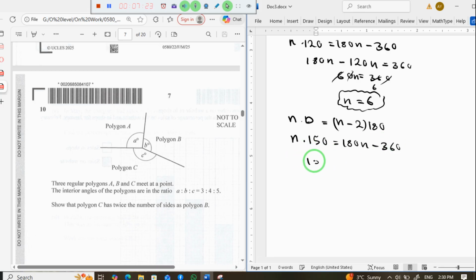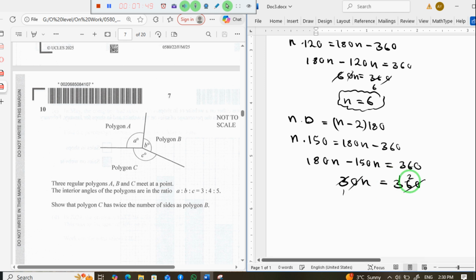Then 180n minus 150n equals 360, so 30n equals 360. Then n is equal to 12.